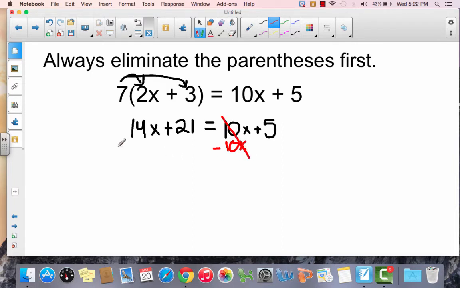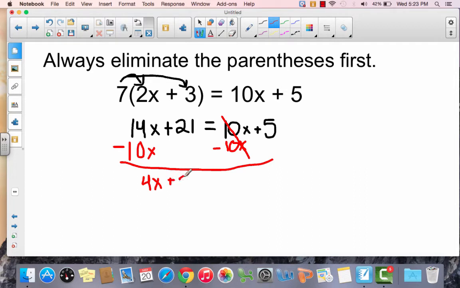And to keep this equal, I have to subtract 10x on the left side as well. So what we now have is 4x plus 21 is equal to 5.